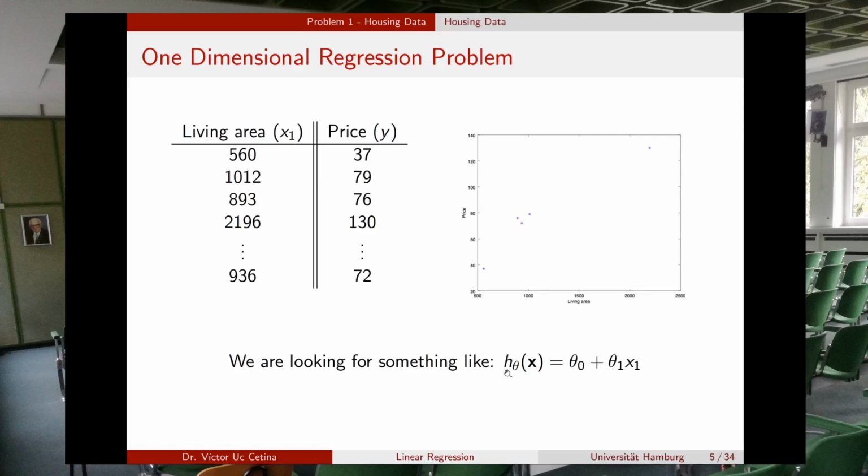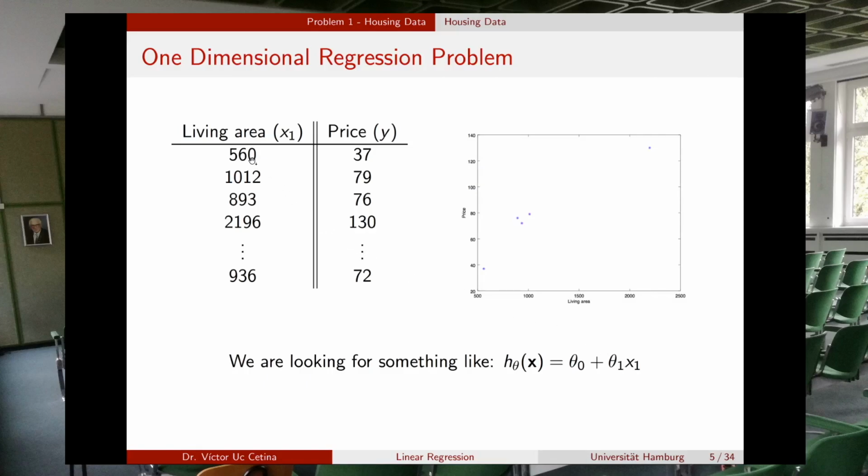This h comes from hypothesis. So in this case, we are making a hypothesis that our model could be a straight line. And this straight line has two parameters, theta 0 and theta 1. And it is a function of our only variable available, which is x1.